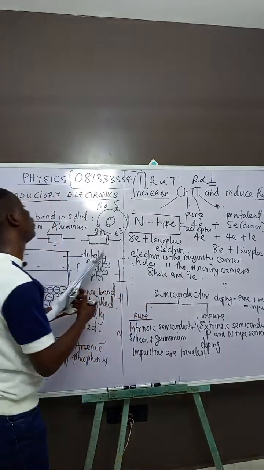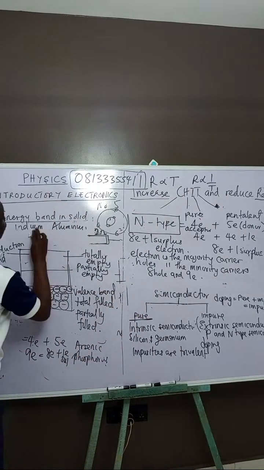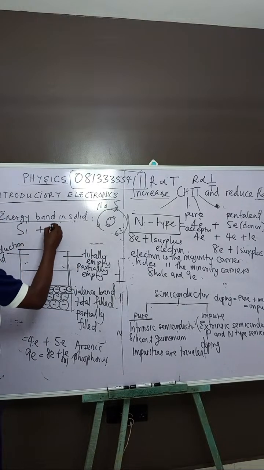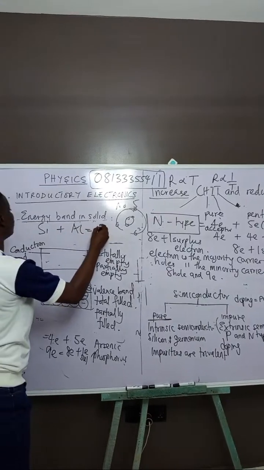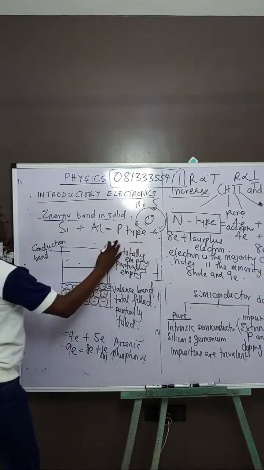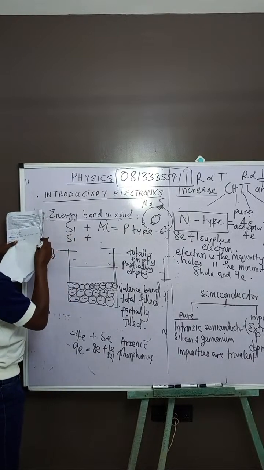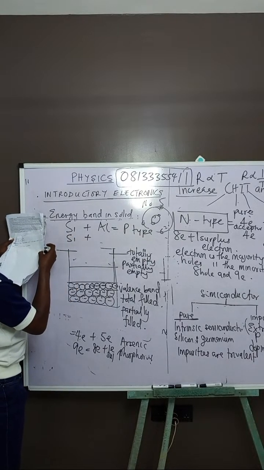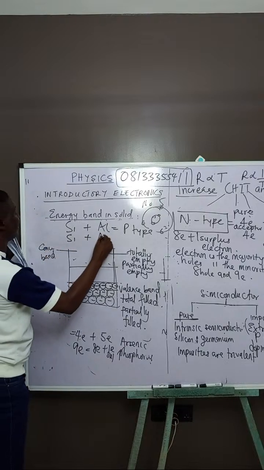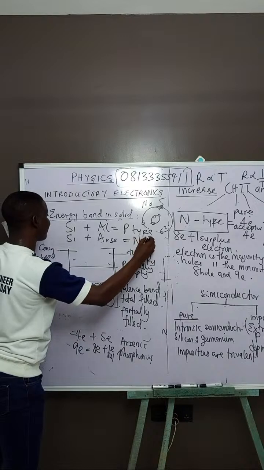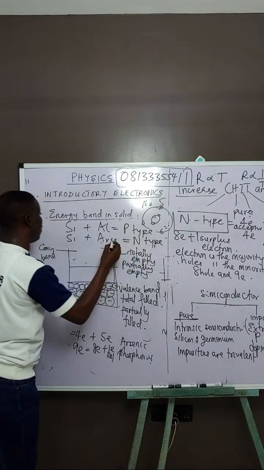Aluminum is trivalent, so what we are going to have is p type. When silicon is doped with arsenic, what we are going to have is N type. Arsenic is pentavalent.